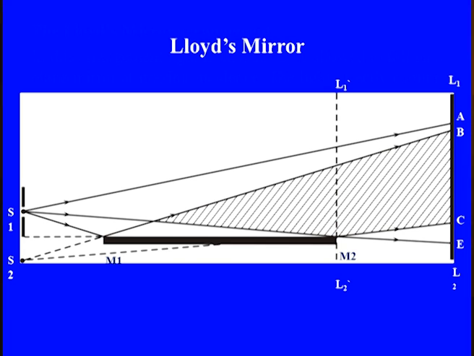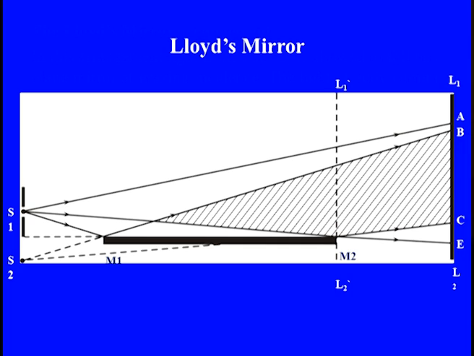Now, let us discuss another important experiment, which is known as the Lloyd mirror arrangement. In this arrangement, light from a slit S1 is allowed to fall on a plane mirror at grazing incidence. The light directly coming from the slit S1 interferes with the light reflected from the mirror, forming an interference pattern in the region BC of the screen.